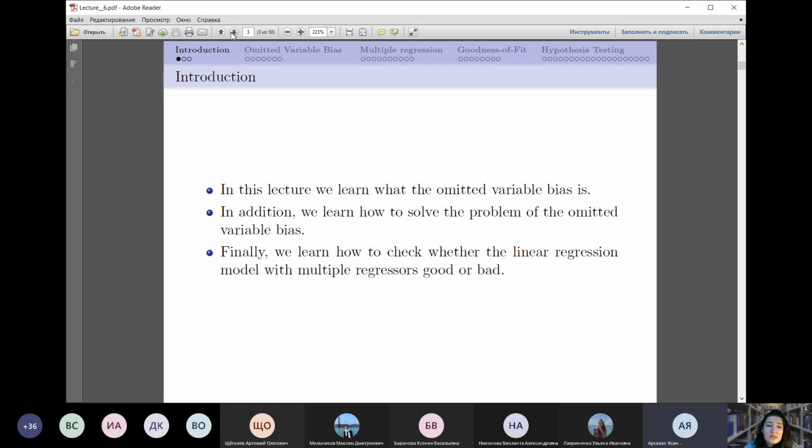So in the appendices of Stock-Watson, your basic student book, you can find the examples with the matrix notation and the ordinary least squares method in matrix notation.